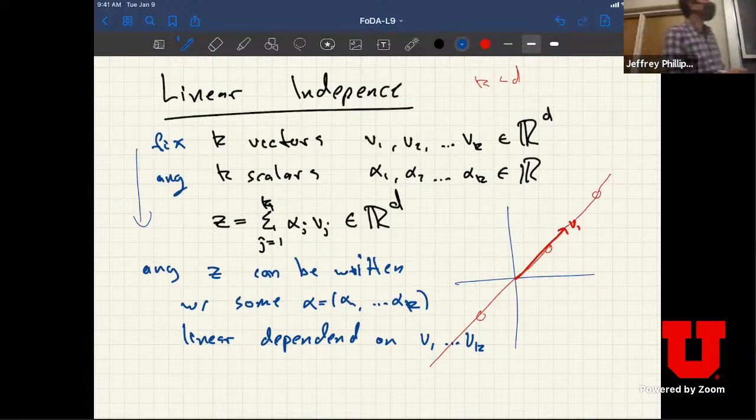Okay, so the z's that I can write in this way are the ones which are called linearly dependent on those vectors.